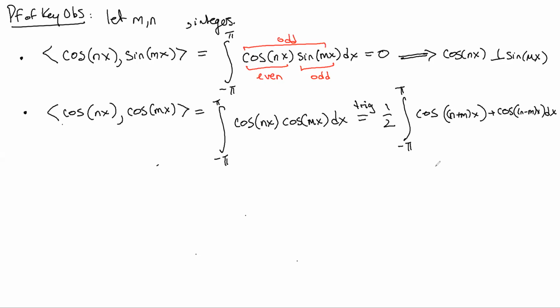And now you split into cases. There are actually three cases. If m is not equal to n, then these are both cosine of some integer times x.